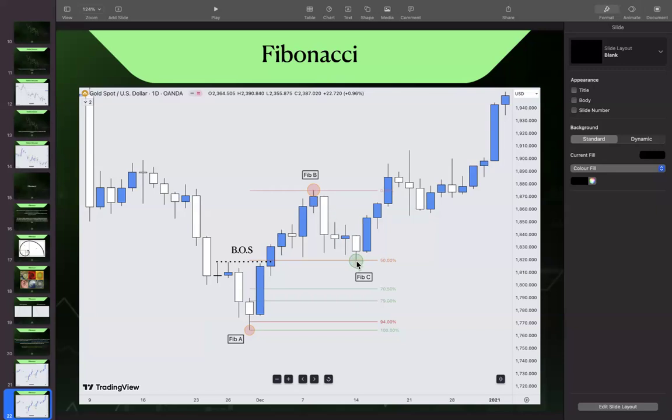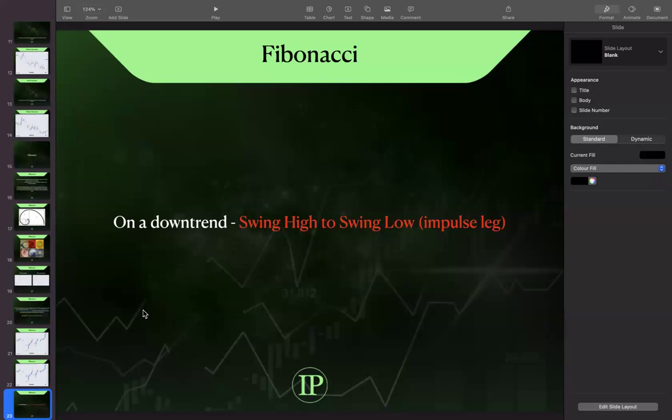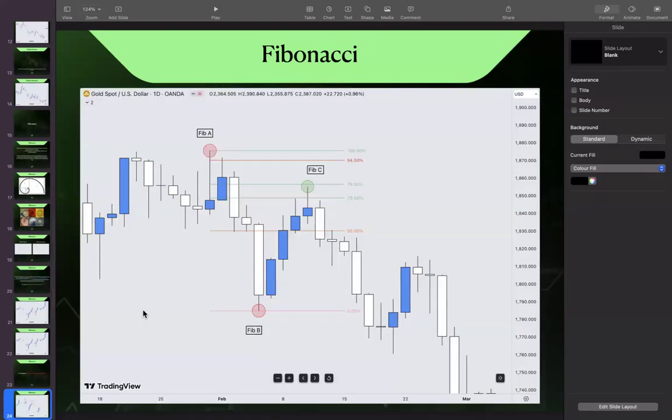This is a 50% discount on this initial move. 50% off. We get in, it's cheaper for us, we buy it up. That's it. So on a downtrend, we are basically connecting the swing high to the swing low, and that is our impulse leg. Okay, so let's look at what that looks like.